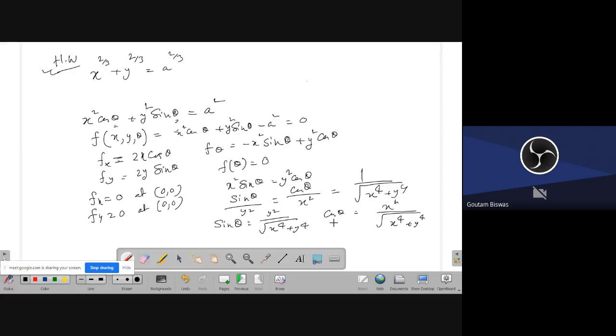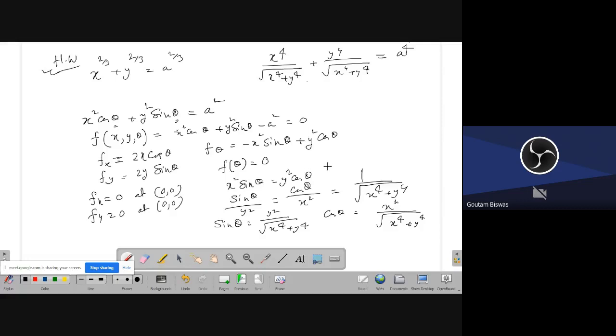So from the equation of the curve, put the value of cos theta and sin theta here. So you will get x to the power 4 plus y to the power 4 divided by root over x to the power 4 plus y to the power 4, that is equal to a to the power 4.